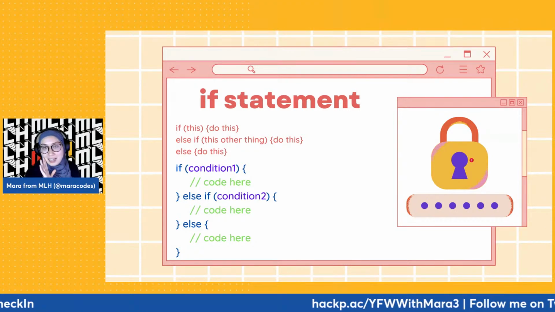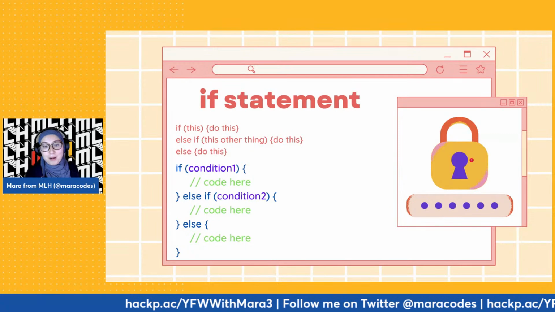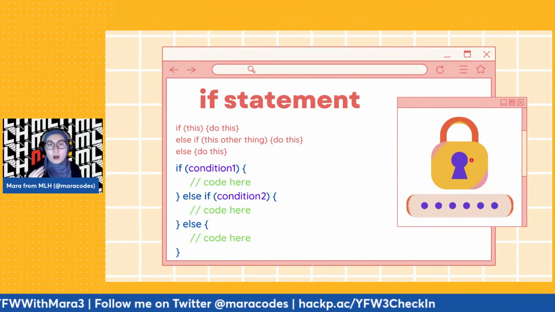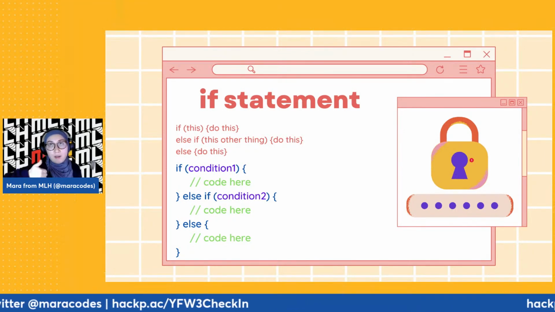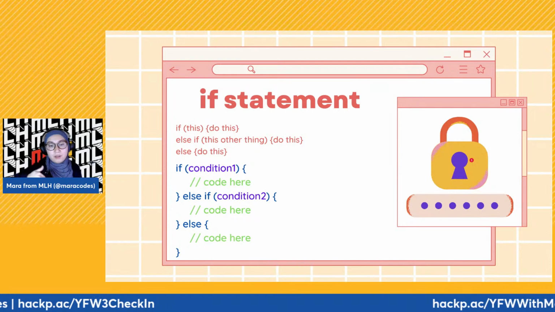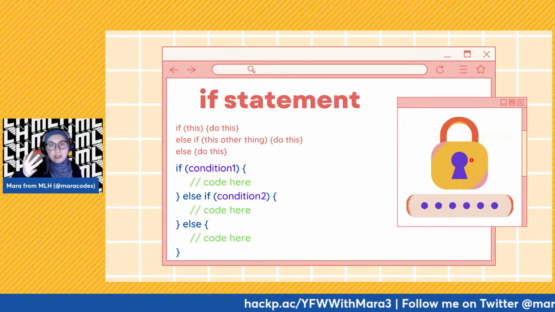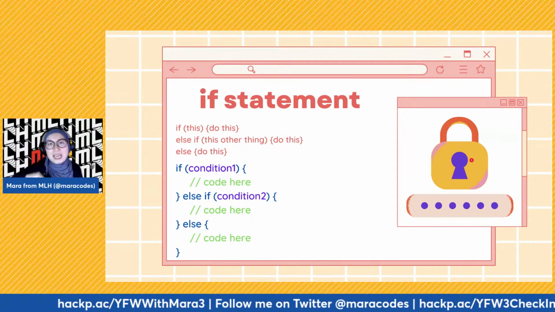Else, that's the last one. So if the first two are false, then else has to happen, and it's going to run the code in there. You don't necessarily need all three of these. You can use any combination of if, if else, or if else if else. The big thing is you need to have if. If is what starts it.